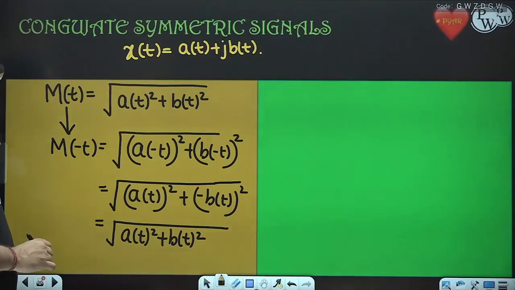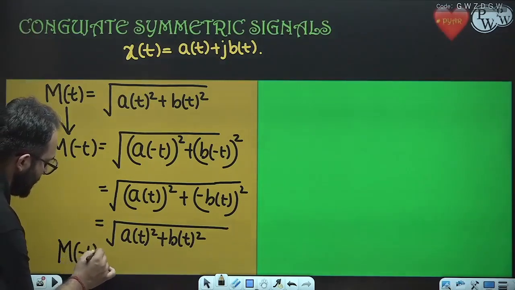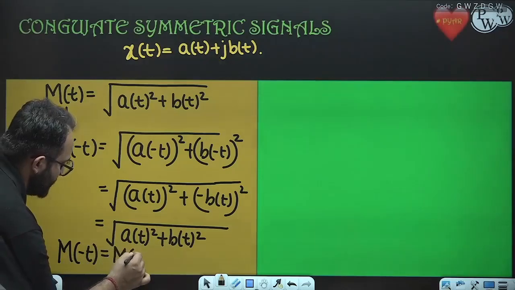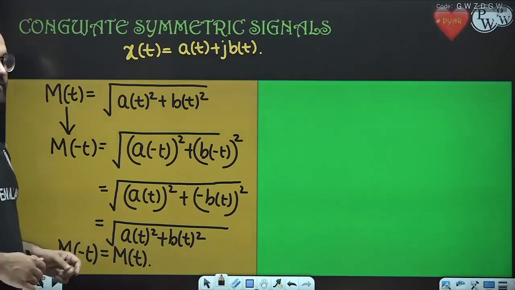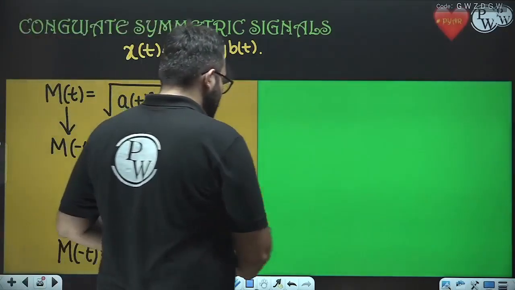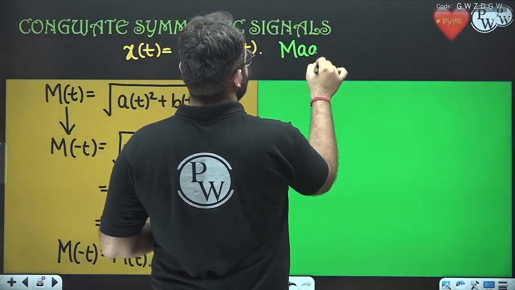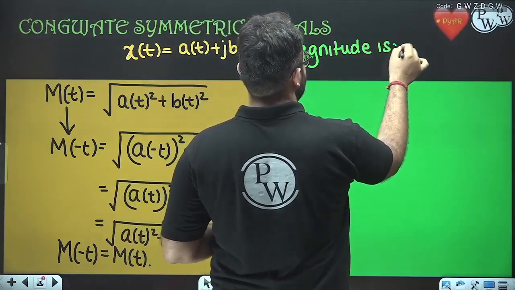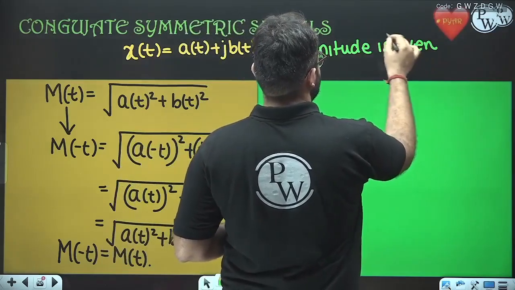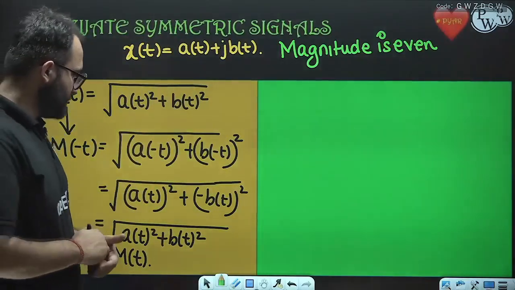So we can see that M(-t) is equal to M(t). Can you see this? The magnitude is even.